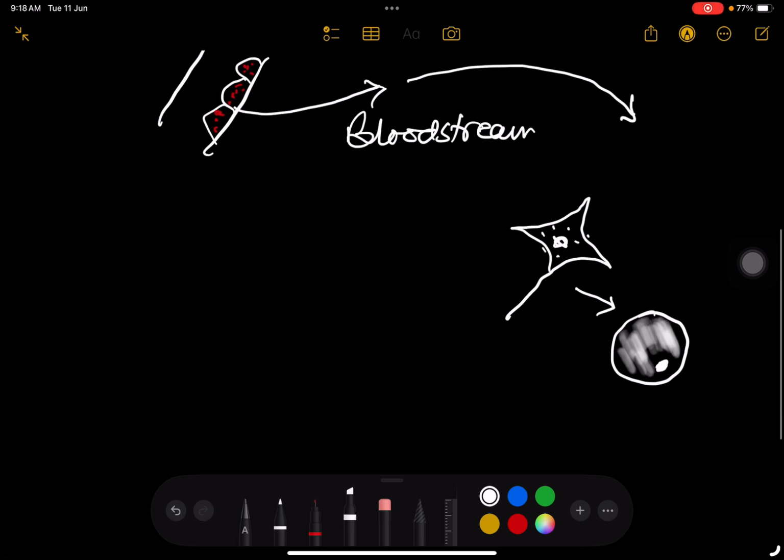Now these cells around the blood vessels in the spinal cord, there are lymphocytes all around, which is called perivascular cuffing.